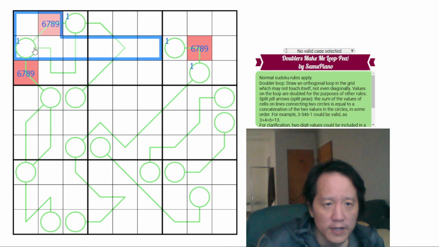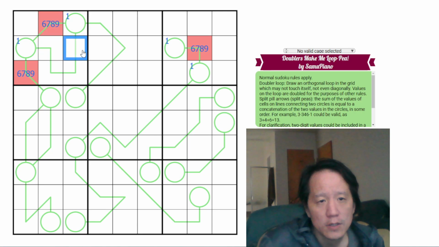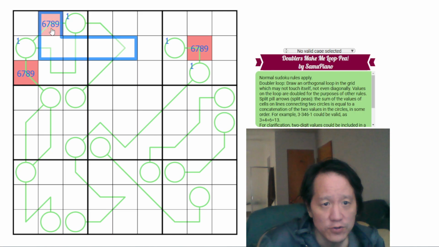So a loop that does not touch itself, quote unquote, means that each cell on the loop must be next to 2 other cells orthogonally, and that's it. So if this were not doubled, it would have to go something like that, which is not possible.